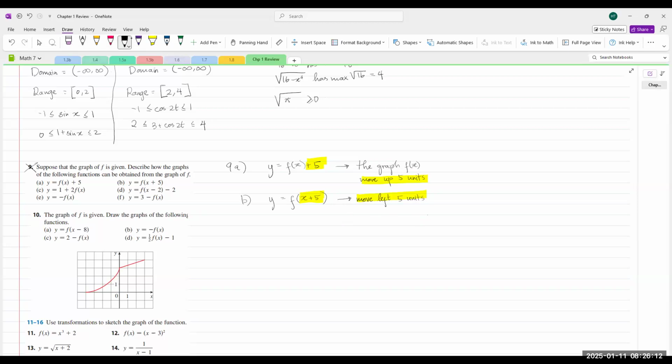Part C, y equals 1 plus 2 times f(x). Now, first, according to the order of operations, we multiply the function by 2 first. Multiplying the function by 2 means we stretch by a factor of 2.